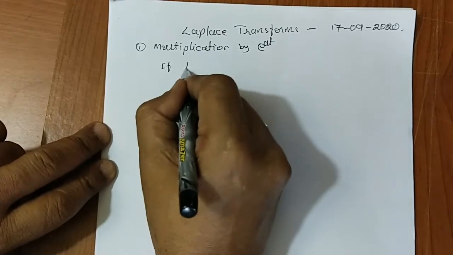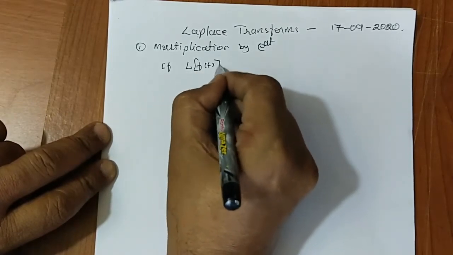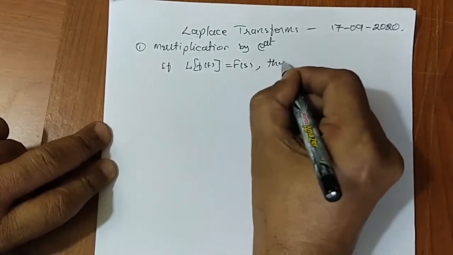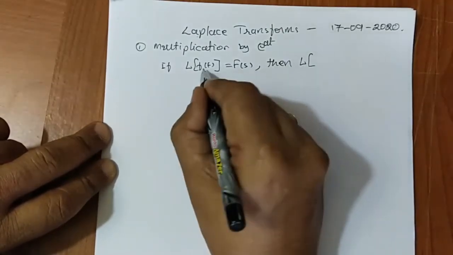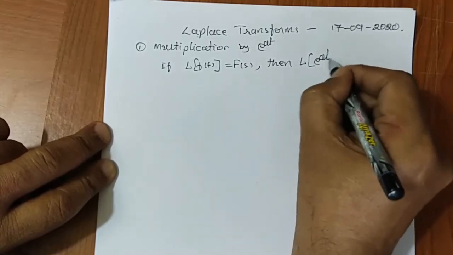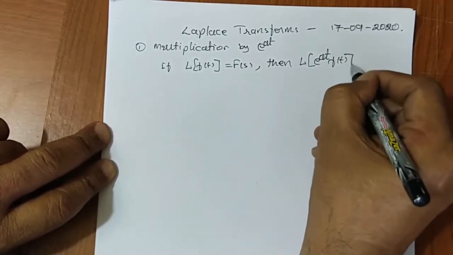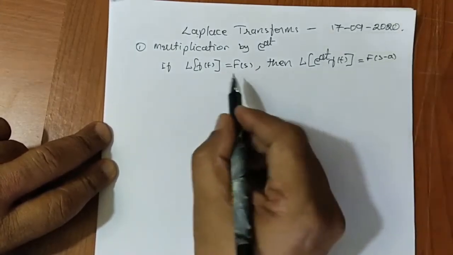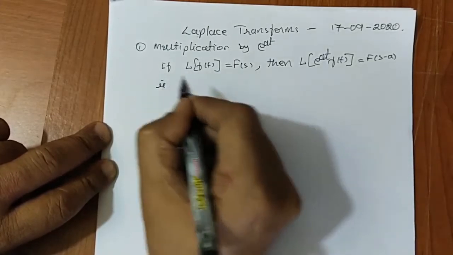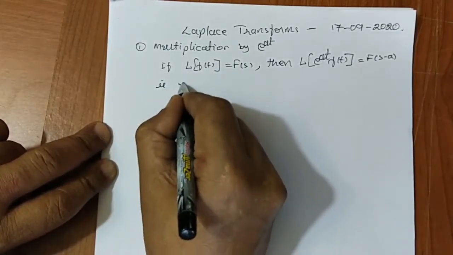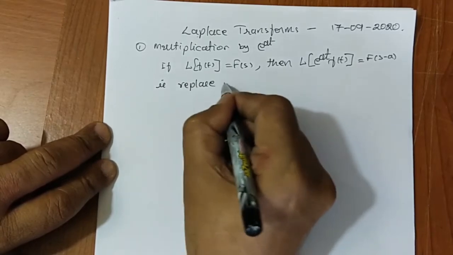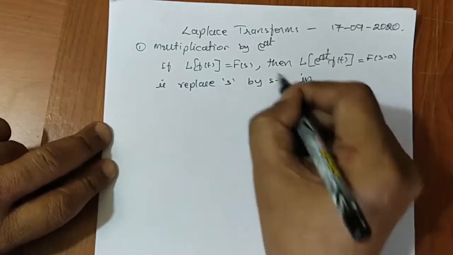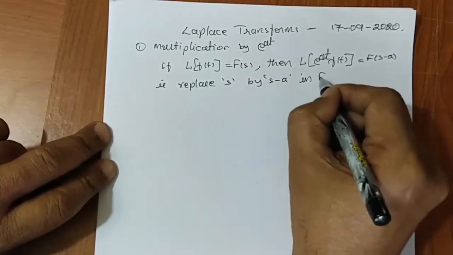If L of f of t is equal to capital F of s, then L of e raised to at times f of t will be F of s minus a. What I should do is replace s by s minus a in F of s.